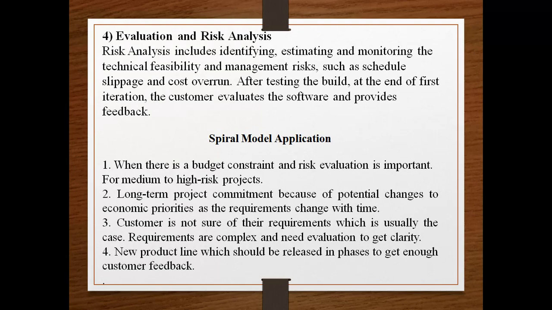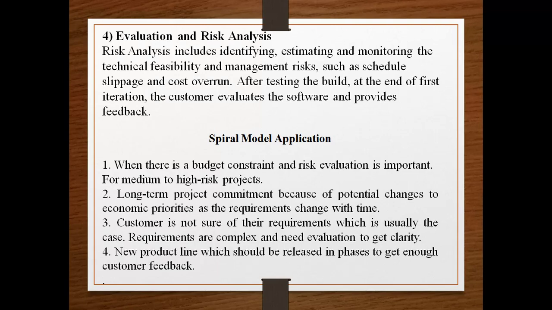Now, what are the applications? When there is a budget constraint, risk evaluation is important for medium to high risk projects. On long-term projects, commitment becomes a problem with potential changes to economic priorities, as the requirements change with time. Customer is not sure of the requirements, so usually the requirements are complex and need evaluation to get clarity.